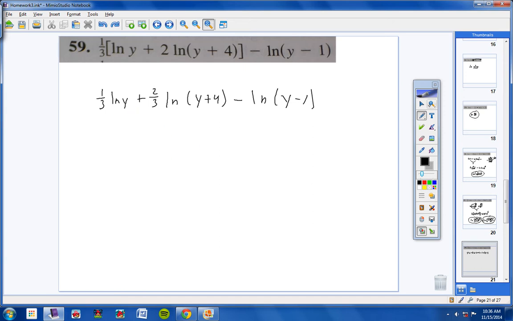Now, let's go ahead and move our 1/3 and our 2/3 here. These two are multiplying here. So natural log of y to the 1/3 times y plus 4 to the 2/3.